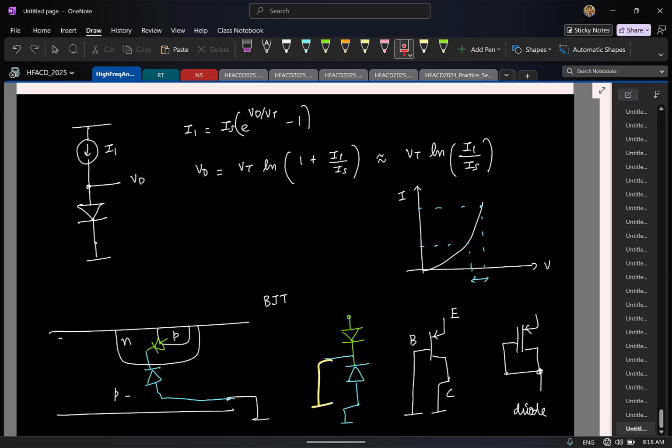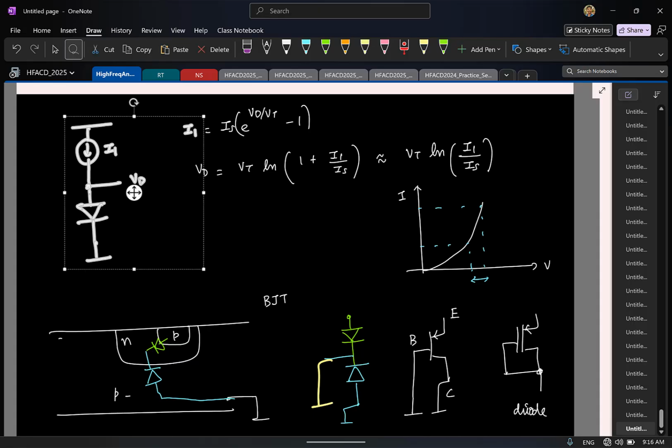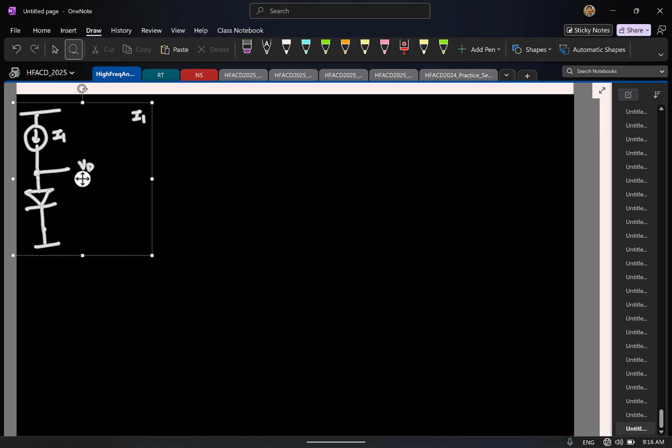Anyway, the point I want to make is the following. In most processes, you can't get an isolated PN junction diode. You end up with a parasitic bipolar junction transistor like this. So this is not a true diode, it is a BJT which is diode connected. Let me take this to the next page.